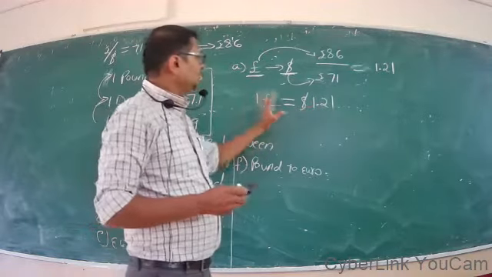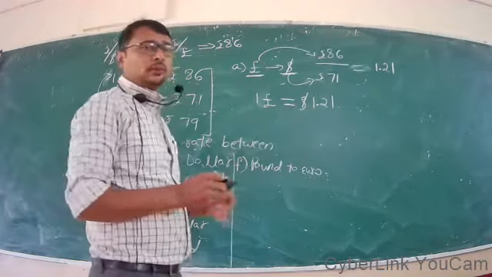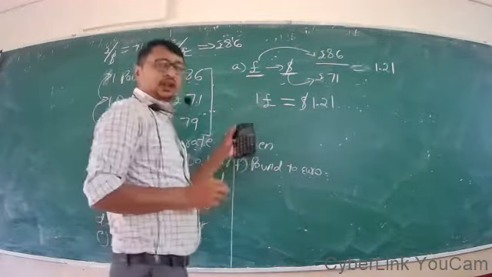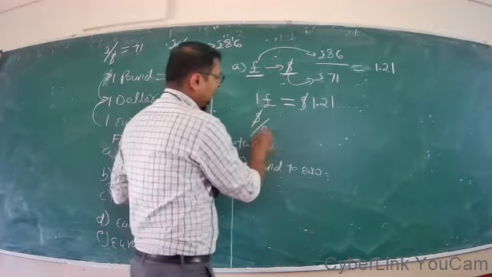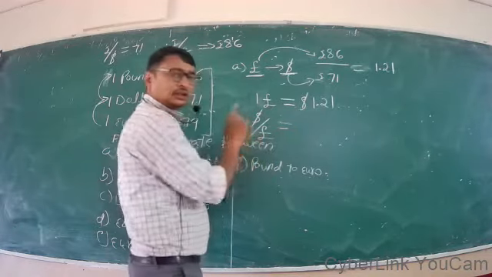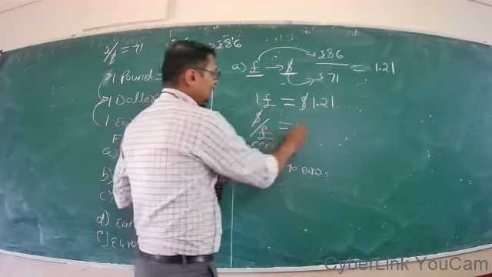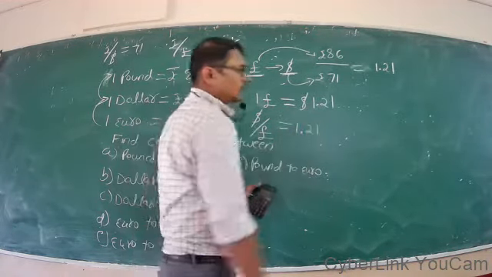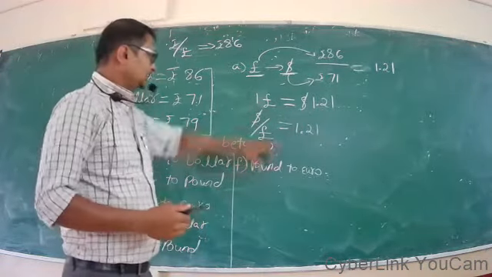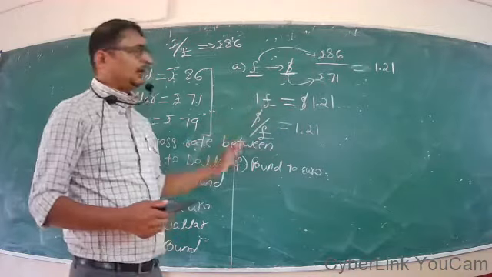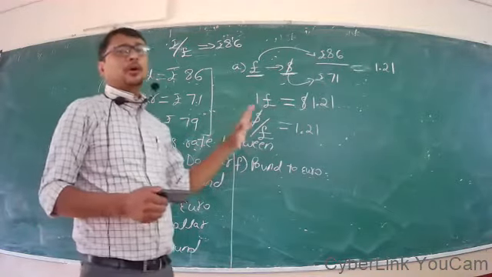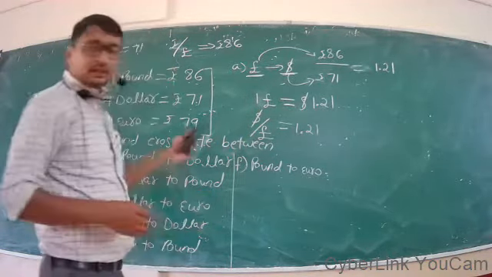So 1 sterling pound is equal to dollar 1.21. This can also be rewritten as dollar per sterling pound. Per means a single sterling pound. Dollar is worth 1.21. So this can be read as dollar per sterling pound is 1.21.